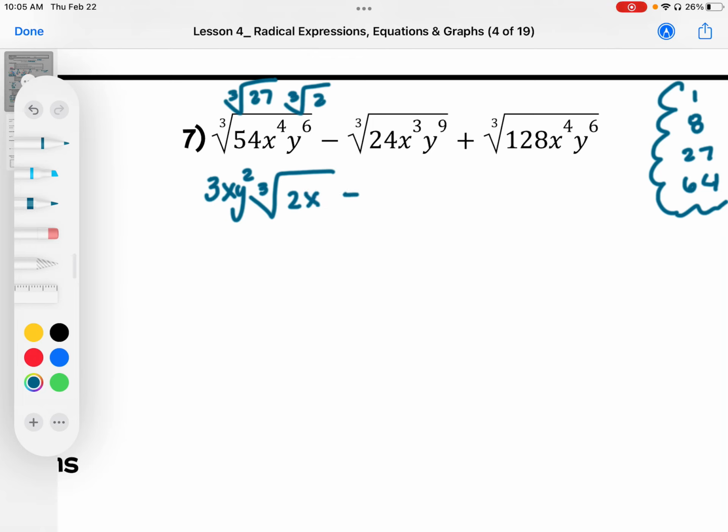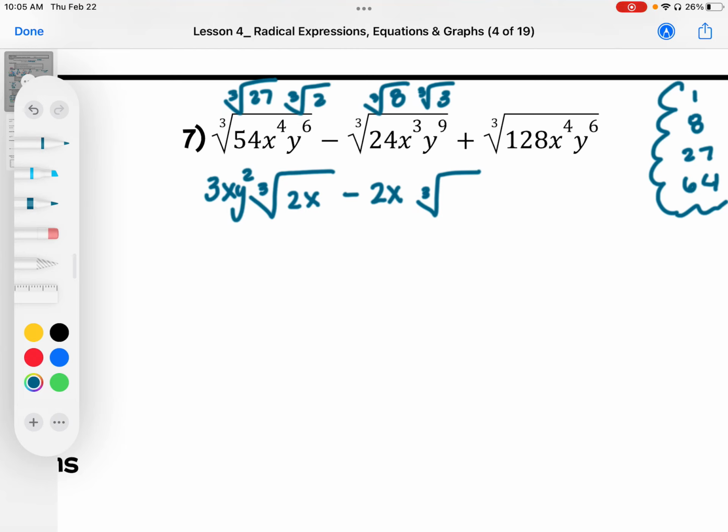All right, so for the next one, the perfect cube we can divide 24 by would be 8. And 24 divided by 8 is 3. The cube root of 8 is 2. And then we're going to do our variables. So how many times does 3 go into 3? 1 time, so we're going to have 1x on the outside.